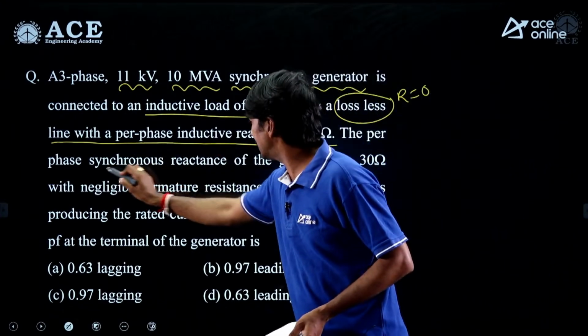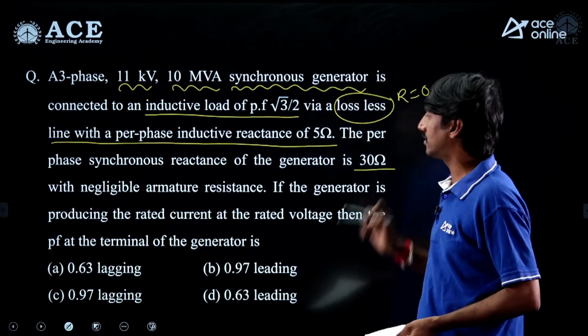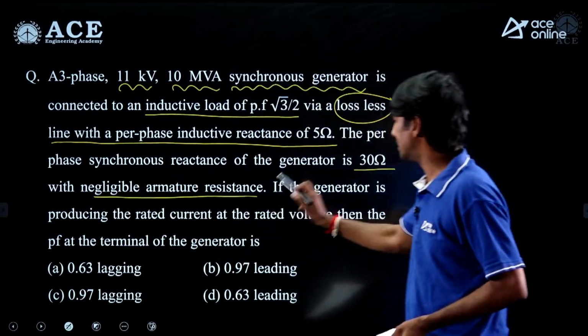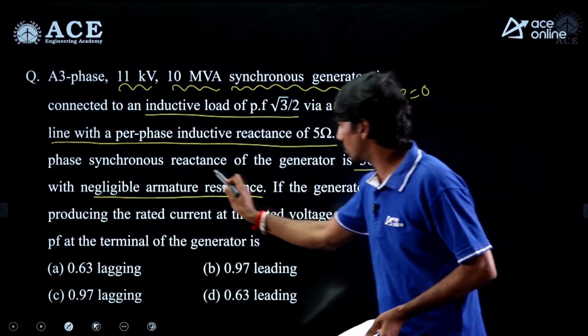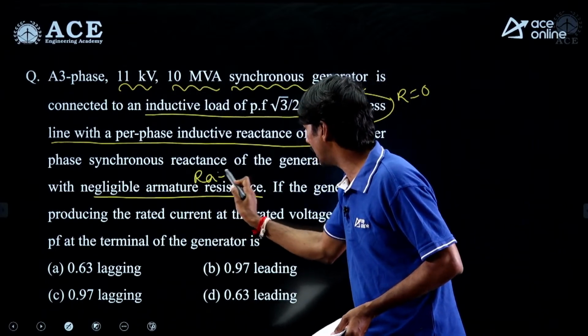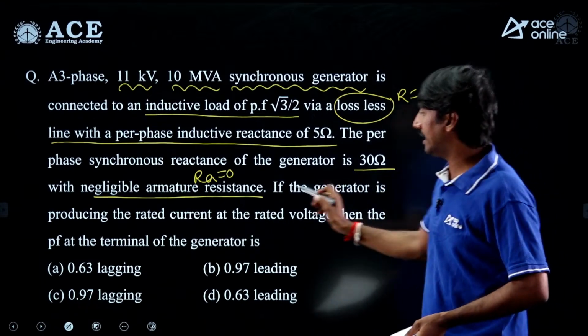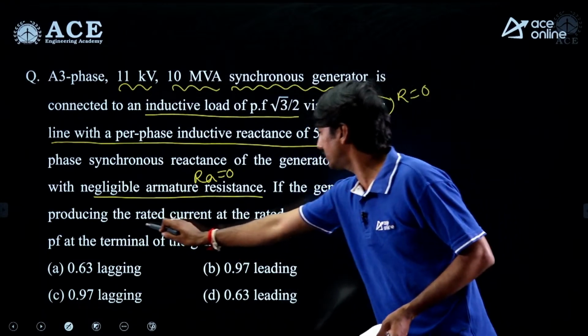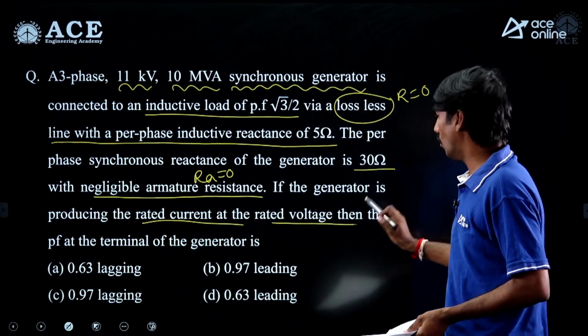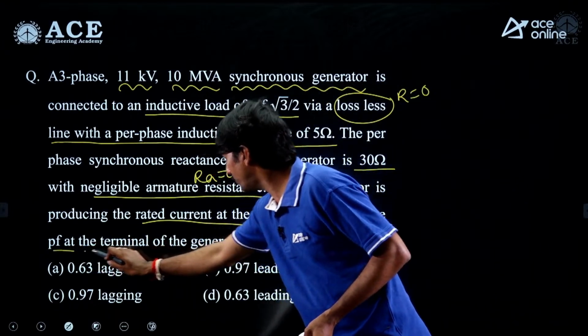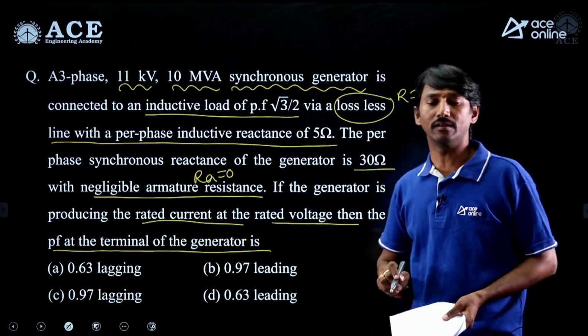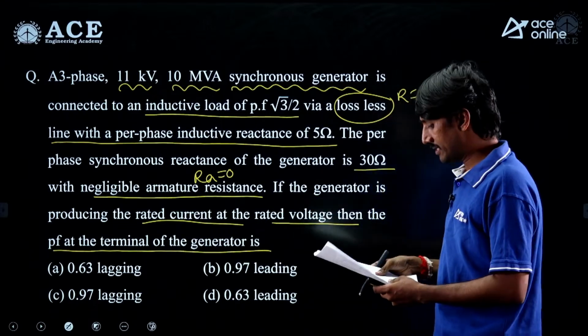The per phase synchronous reactance of the generator is 30 ohm with negligible resistance, so RA is 0. If the generator is producing the rated current at rated voltage, then the power factor at the terminal of the generator is? So for this, what is the procedure?